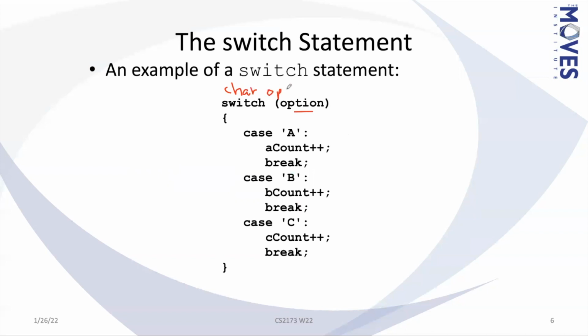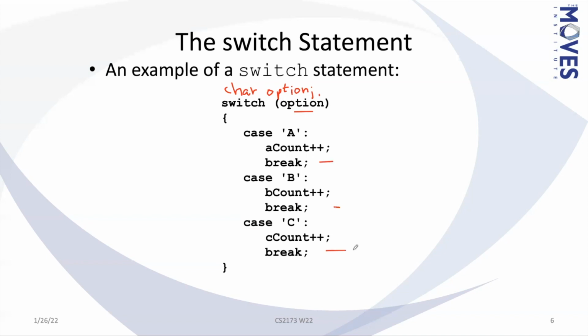So characters work. Somewhere option has been defined as a character, and in this case, option is only the character A, B, or C. So this is an example, and notice that there's a break here.